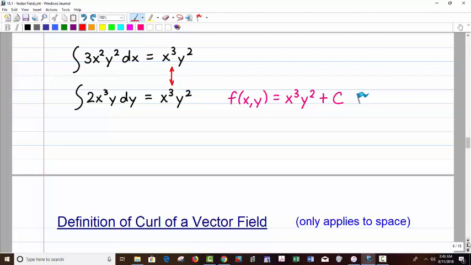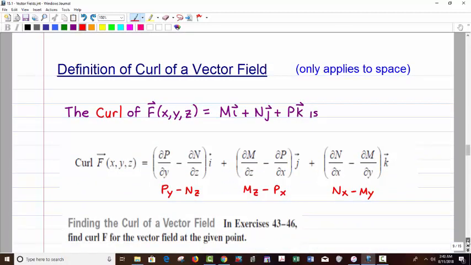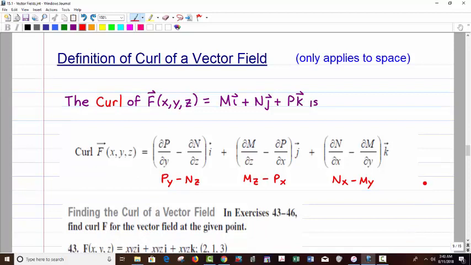Now here's how we're going to deal with conservative vectors in space. We're going to learn a calculation here, which obviously you can put on a formula sheet so you don't have to memorize it. The curl of a vector field F of x, y, z has three components.